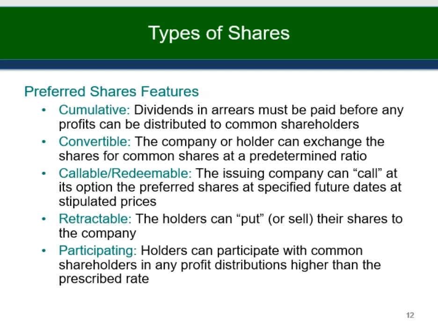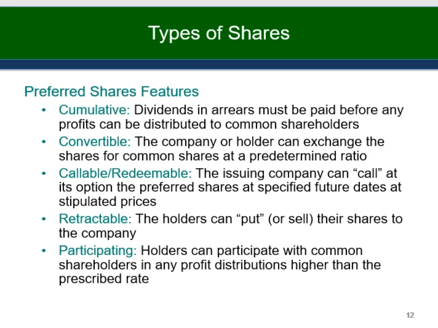Callable or redeemable means that the company can actually buy them back at a specified future date and at a stipulated price. Retractable means that the holders can actually sell their shares back to the company under certain terms. So callable is an option held by the corporation to buy back the preferred shares at a specified price.